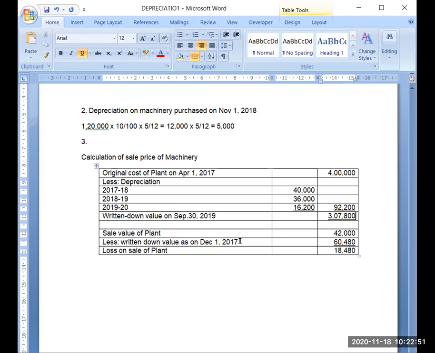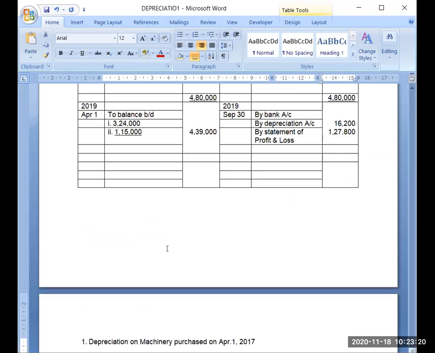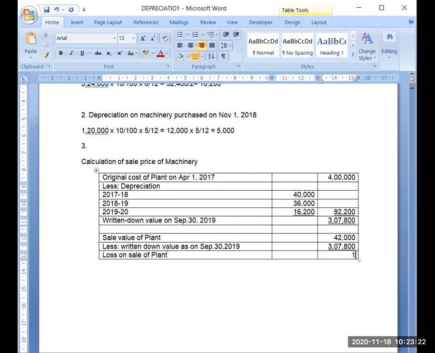Now written down value of plant as on September 30, 2019 is 3 lakh 7,800. Loss on sale of plant is 1 lakh 27,800.